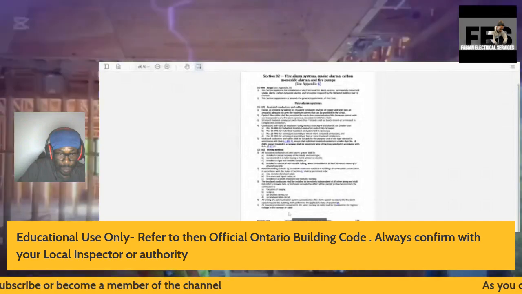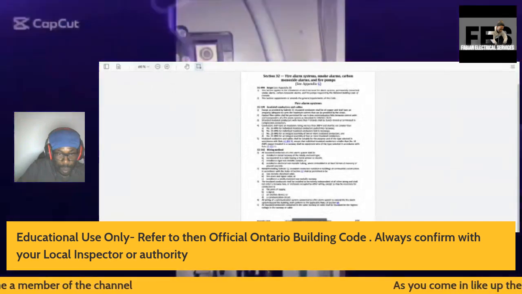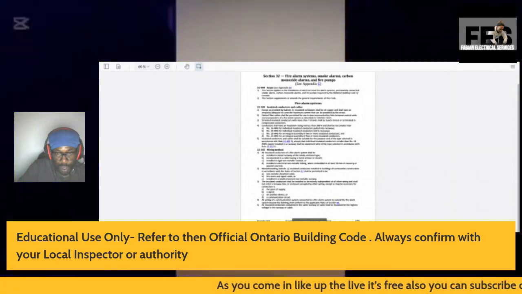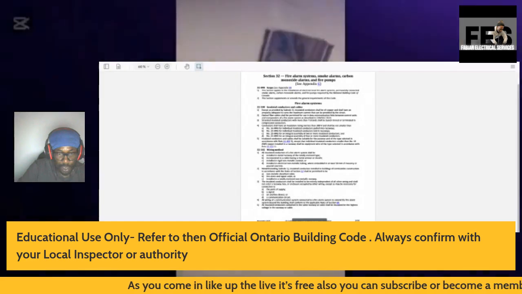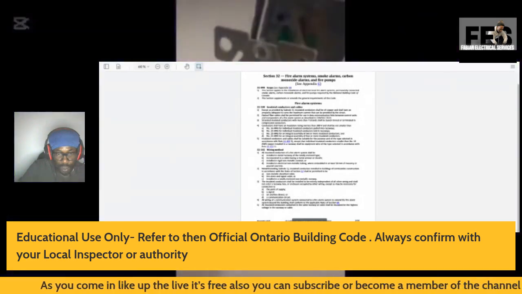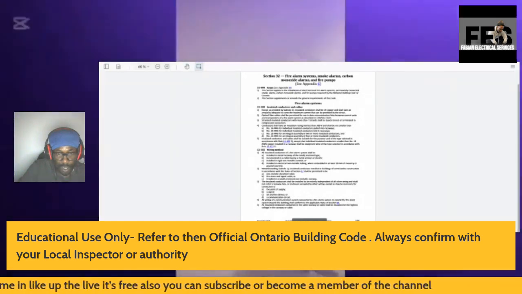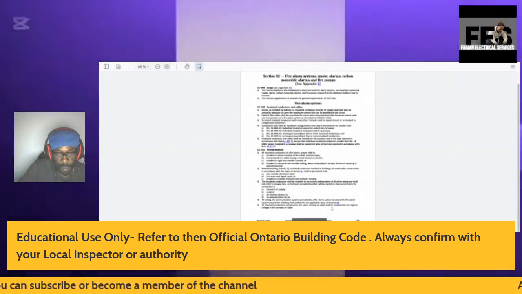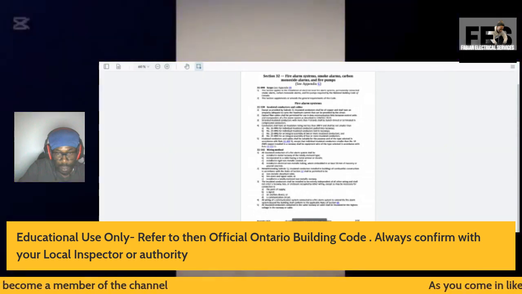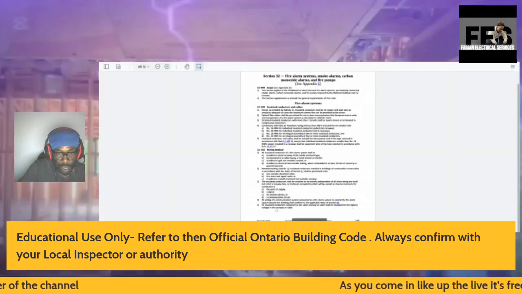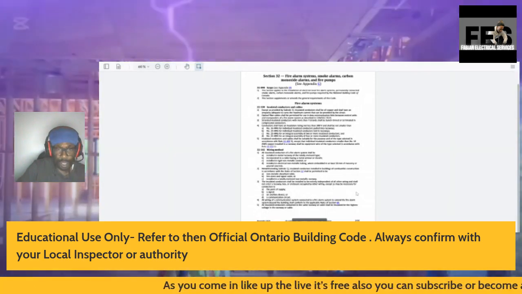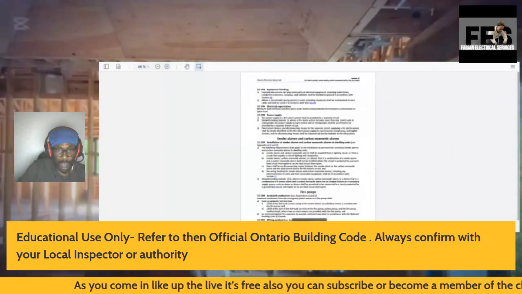All wiring of a communication system connected to a fire alarm system to extend the fire alarm system beyond the building shall conform to the applicable rules of Section 60. Insulated conductors in the same raceway or cable shall be insulated for the highest voltage in the raceway or cable. Not going to go too much into the fire alarm.